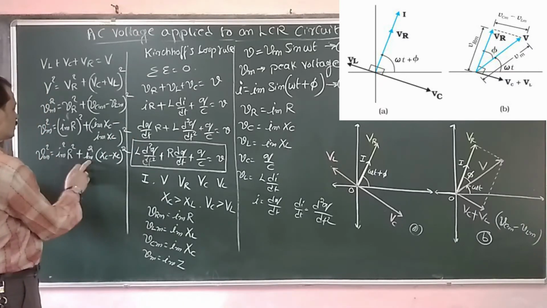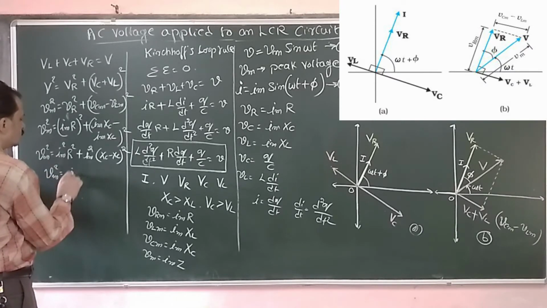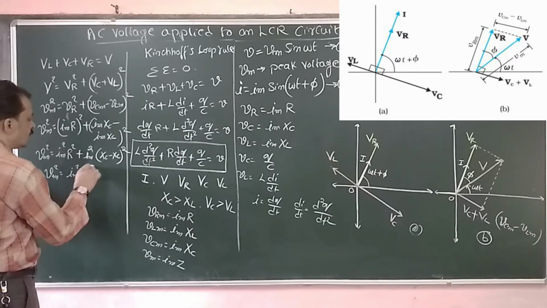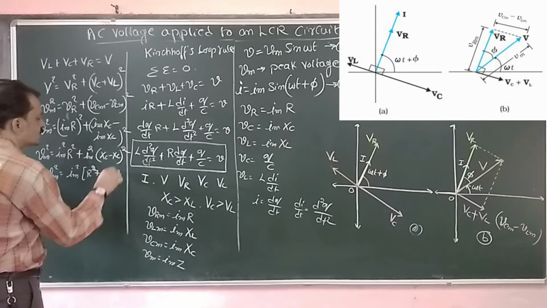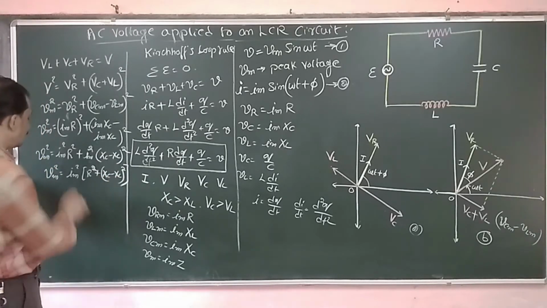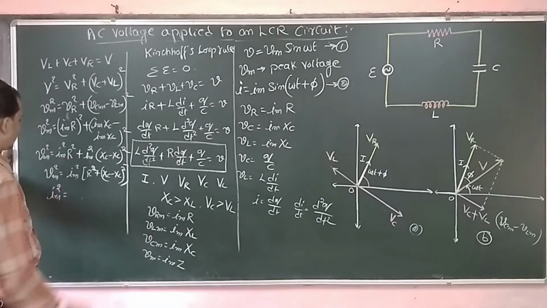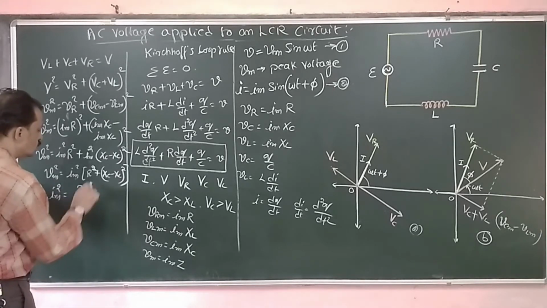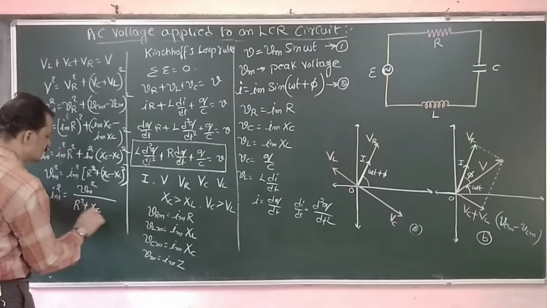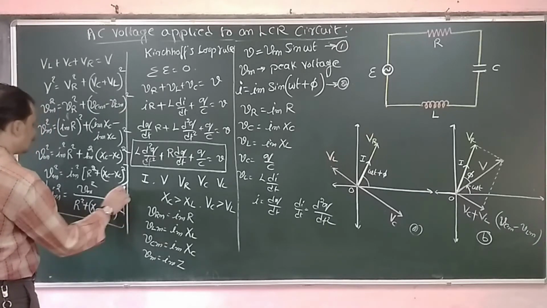Therefore Vm square is equal to Im square into R square plus Xc minus XL whole square. Now I need the current. Therefore Im square is equal to Vm square divided by R square plus Xc minus XL whole square.